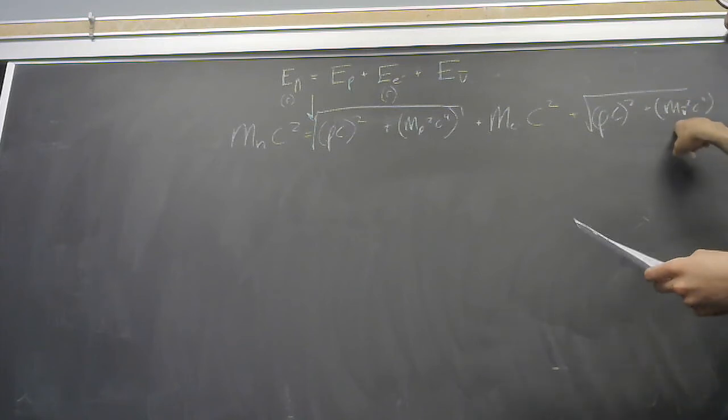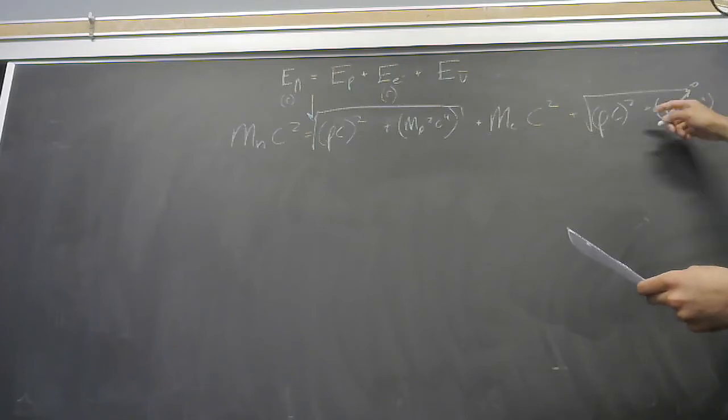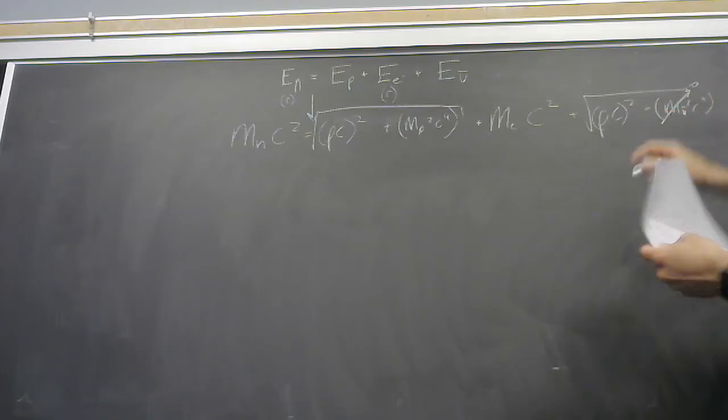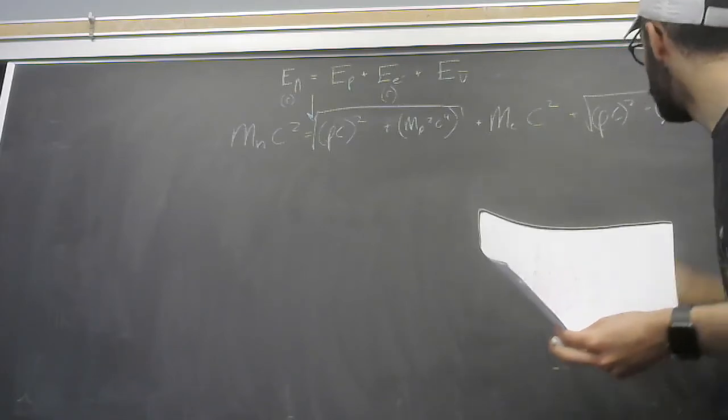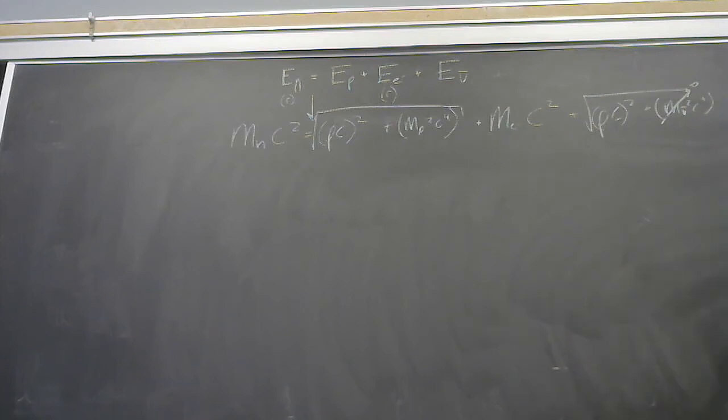So the mass of the neutrino was equal to 0, so that means this whole part becomes 0, right? I'm just going to erase it now to save room. So that whole thing equals 0.